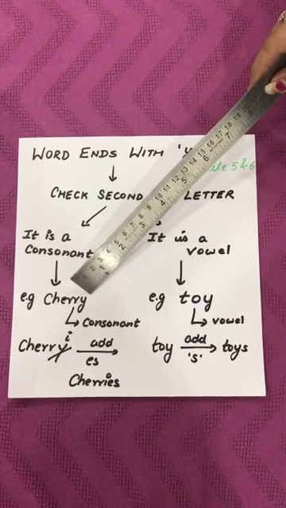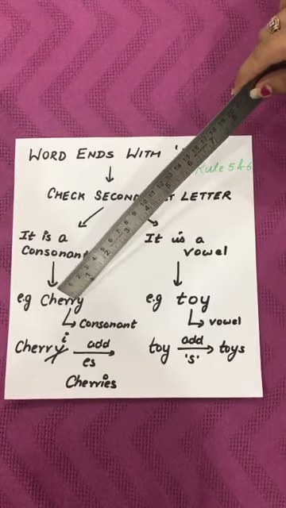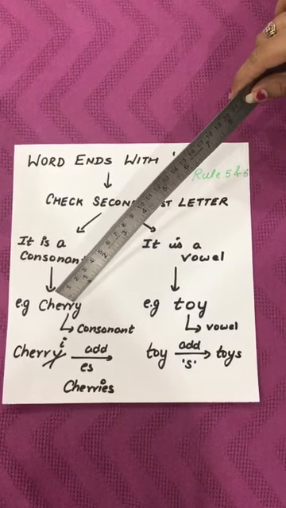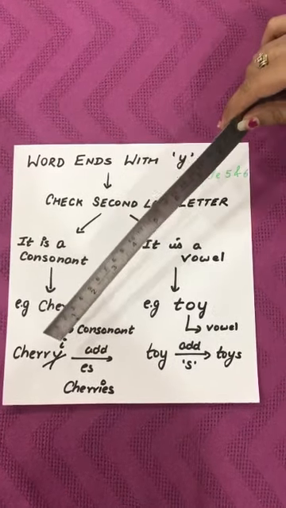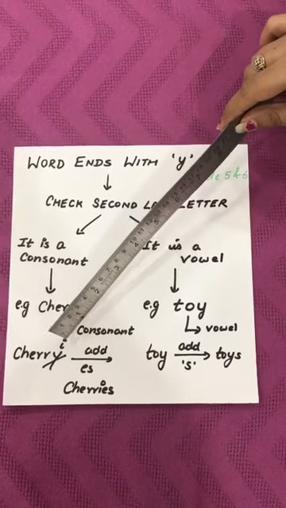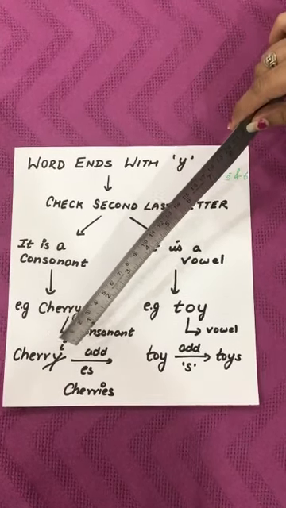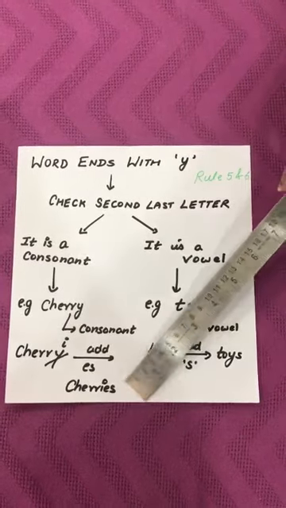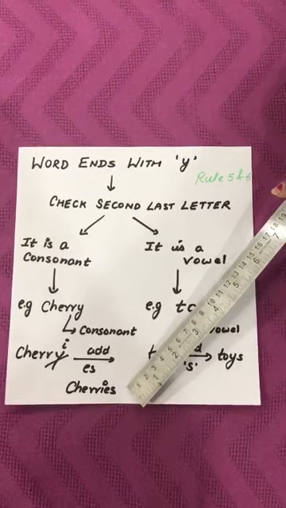The second last letter of the word is R. Now R is a consonant. So what are we going to do? We are going to replace the Y with the letter I and we will add an ES to it. So the word cherry becomes cherries in the plural form.